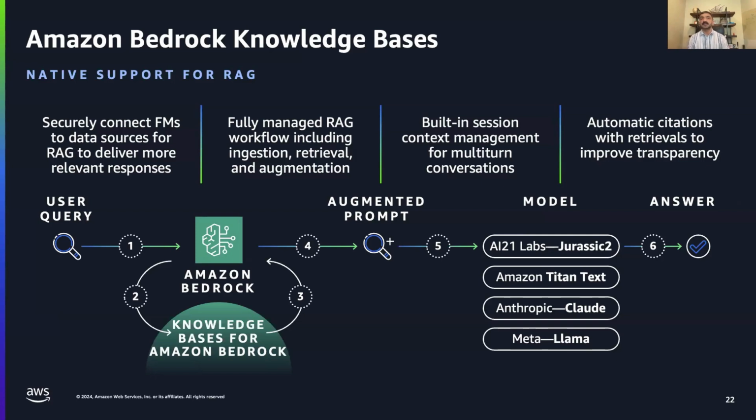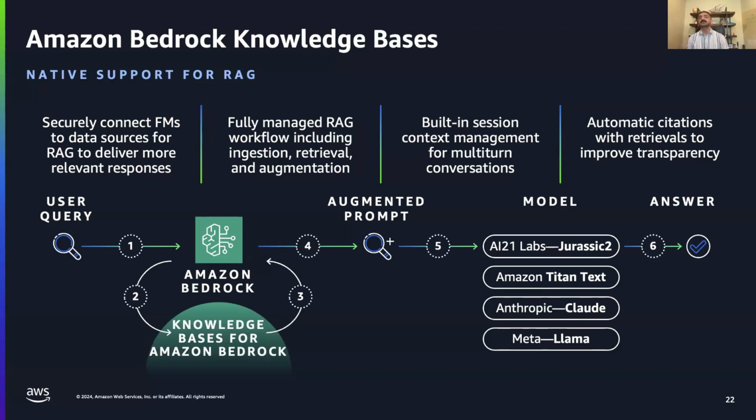Just to give you a simple example, let's say you have a PDF that talks about a course schedule, and you have that PDF stored in an S3 bucket, right? This PDF could be, let's say, I'm just making this up, maybe 500 pages long. So if a student is asking something about course registration that is within that PDF, by using a knowledge base, it can reach out to that PDF in your S3 bucket, get the most relevant response to that question, and provide that response back to them.